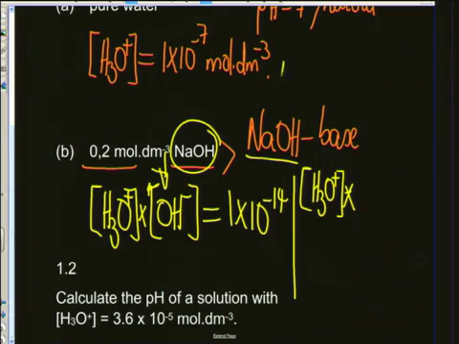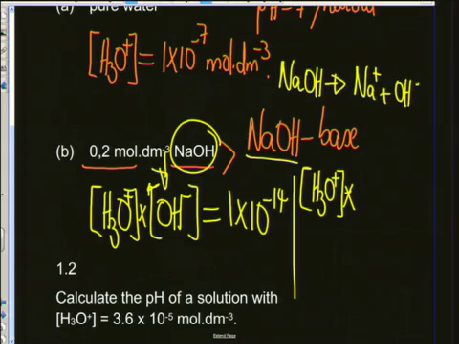Because when sodium hydroxide dissociates in water, what we get is sodium plus the OH minus ions.